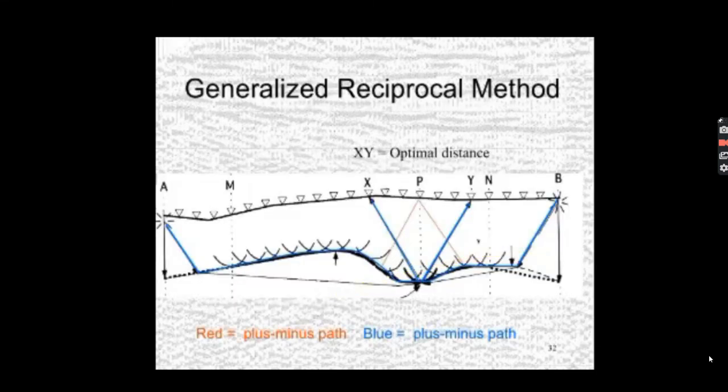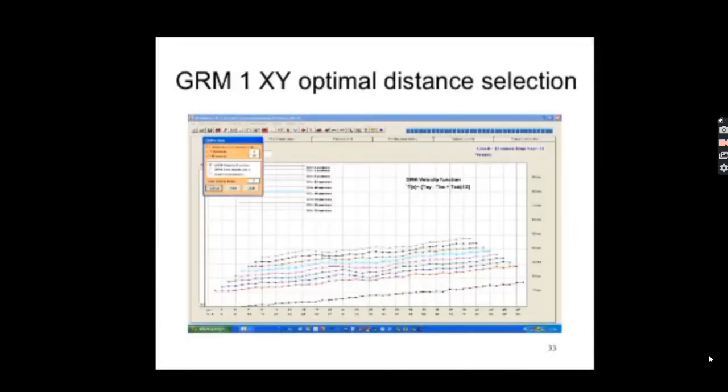General Reciprocal Method or GRM. This is a GRM example. The red is the plus method path and the blue is the plus-minus path. GRM XY optimal distance selection.